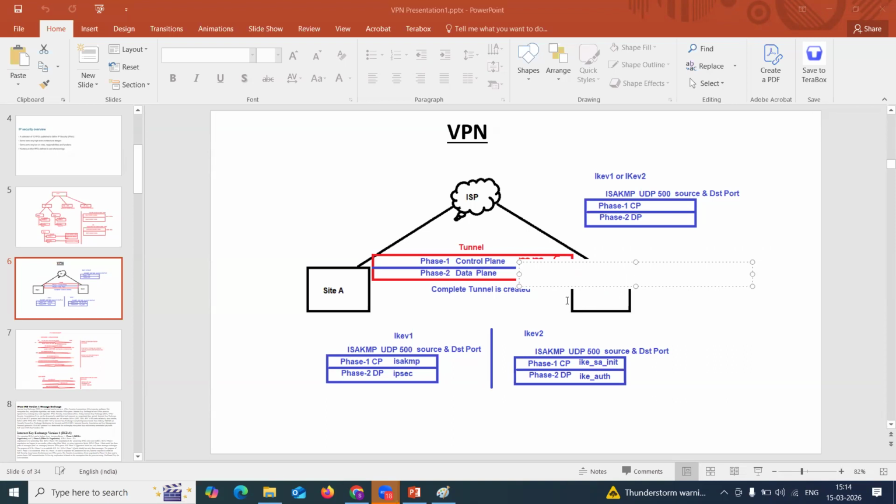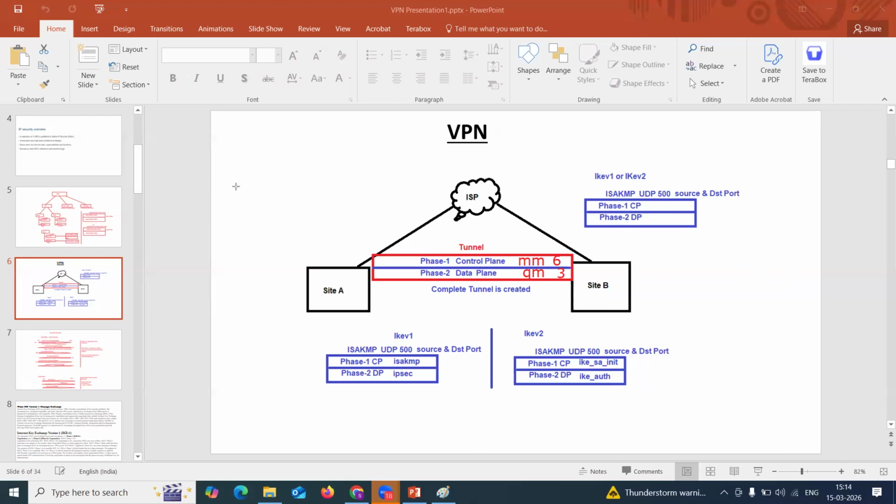Phase two is a quick mode. Phase two is called quick mode. And how many messages do we have in quick mode? We have three message exchanges.